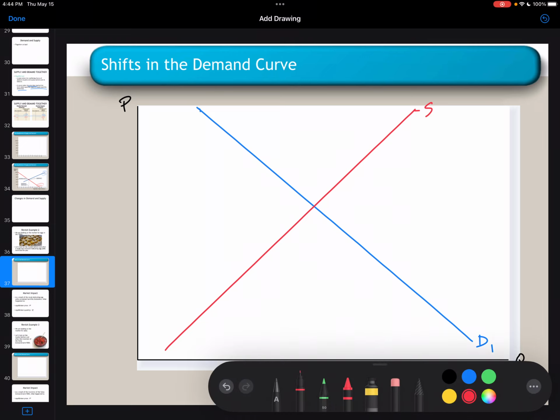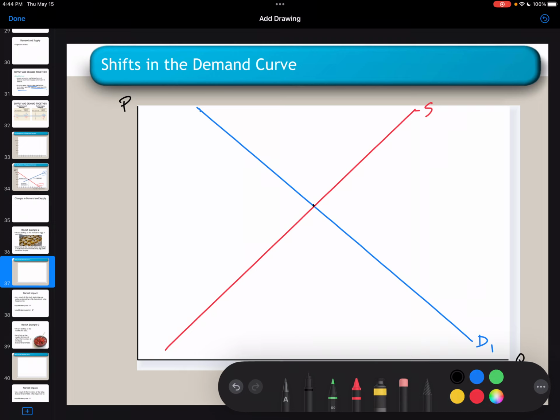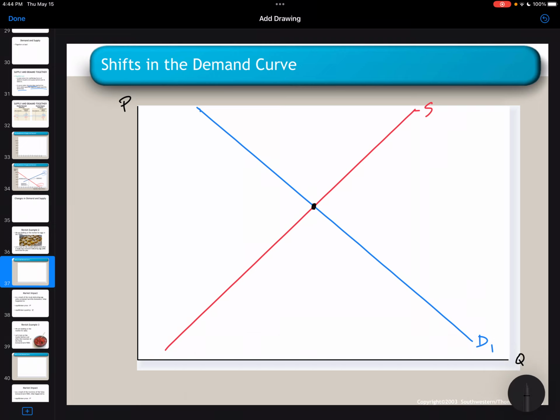Okay. Now, the first thing you're going to want to show with these graphs is what the market is like initially. All right. So way back in the 90s, the market for eggs was very happy. Now, when we're labeling these, probably the most common way to label our graphs is to use little stars.